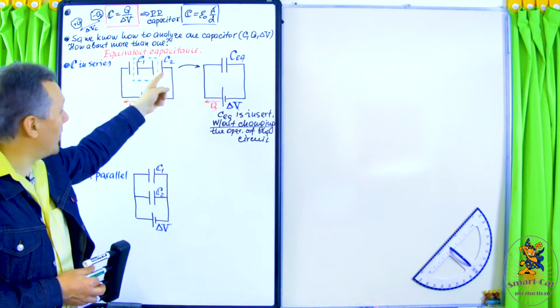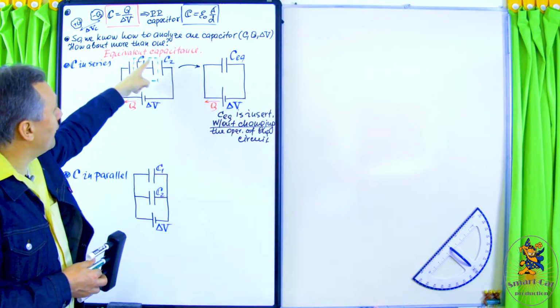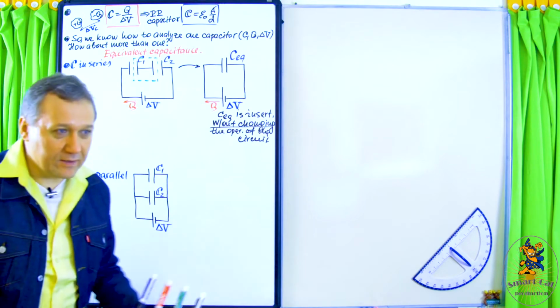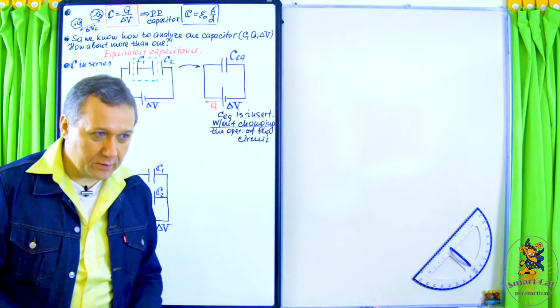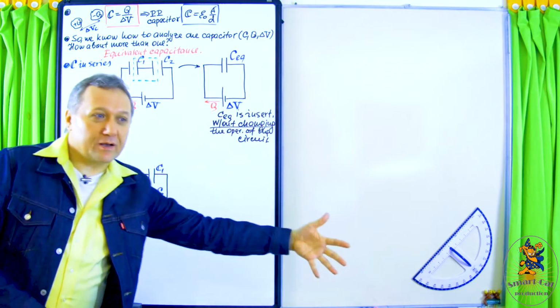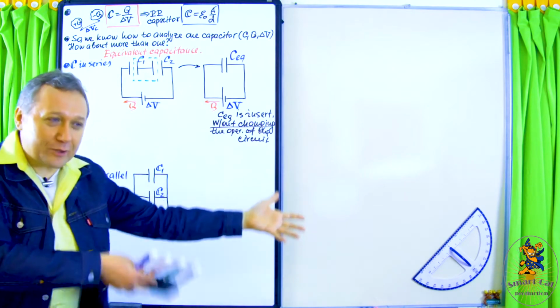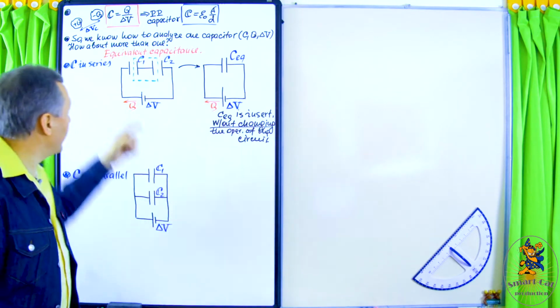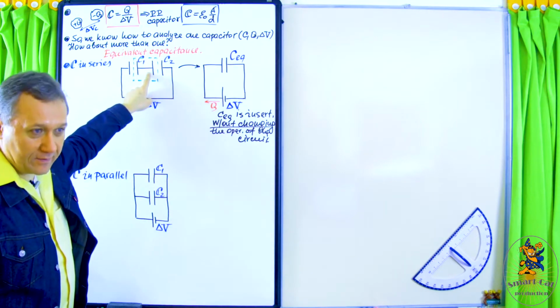So from the point of view of an electron, this part of the circuit is effectively an island in the middle of the ocean. That island cannot be reached, and people or electrons cannot escape from that island.